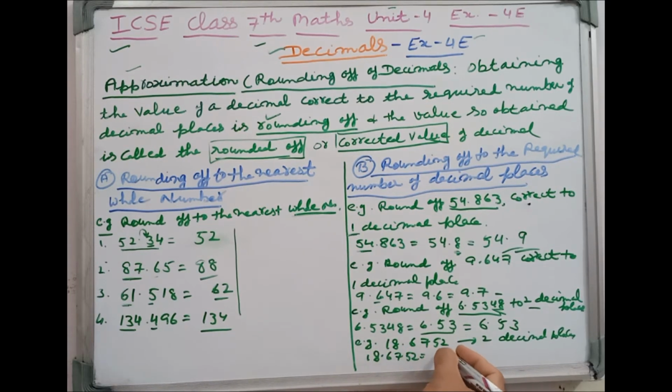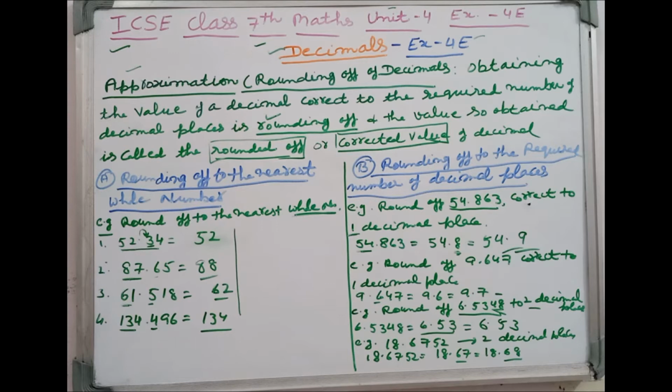Its two decimal places are 18.67. Now the third decimal place is 5. So since it is 5 or more than 5, we will add 1, and 18.67 will become 18.68, right? So this is the process.